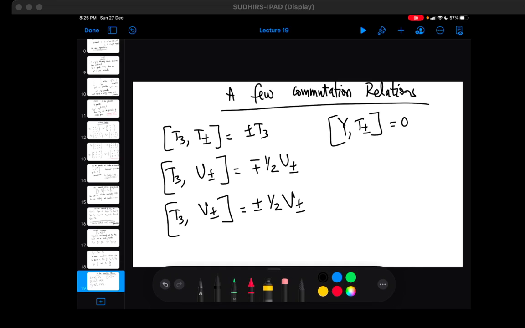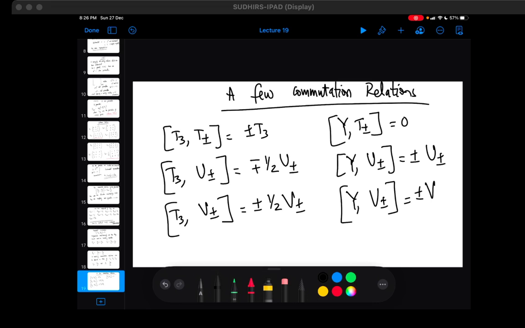Y acting on U plus minus will give me plus minus U plus minus, and Y acting on V plus minus gives me plus minus V plus minus. Then there are other relations: the T plus T minus commutator gives 2T3, and U plus U minus gives 3Y by 2.